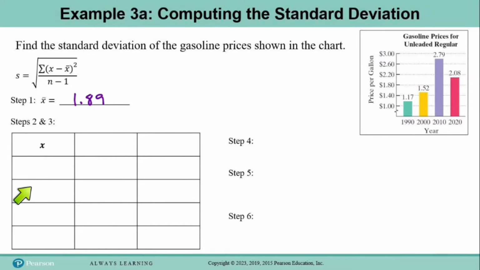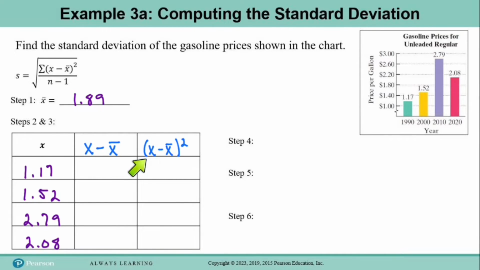So let's go ahead and fill in 1.17, 1.52, 2.79, and 2.08. And then in the next column, we're going to calculate the deviation from the mean, so X minus X bar for each of these values. And then in the next column, we're going to square that deviation, so X minus X bar squared.